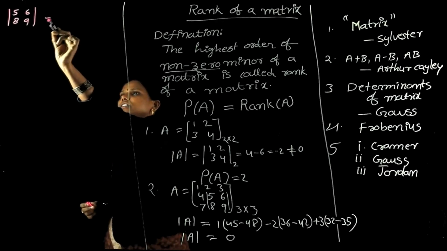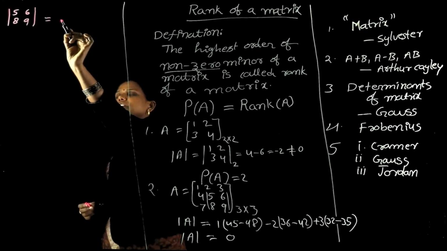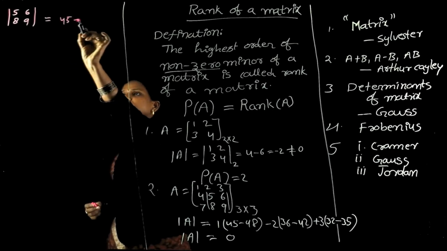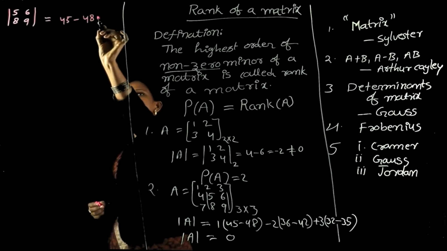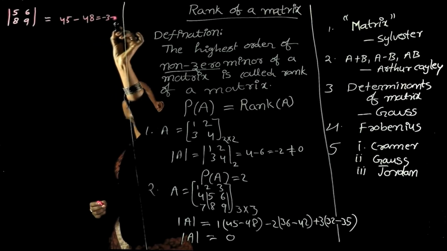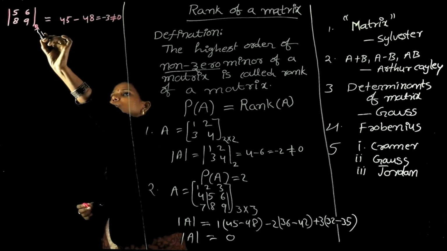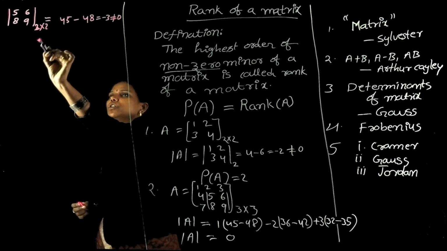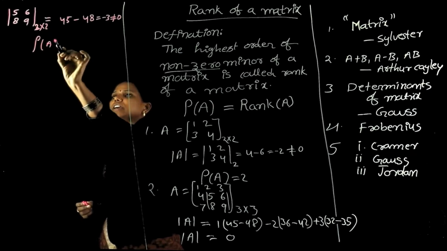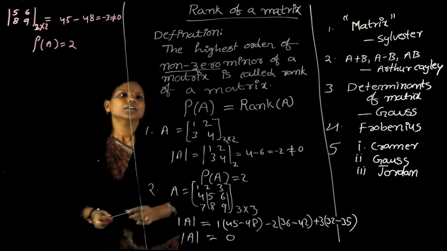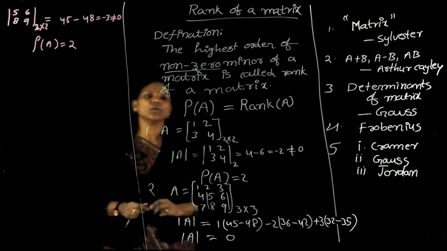Determinant of this submatrix is 45 minus 48, which is minus 3, not equal to 0. Here it is a non-zero minor of order 2. So rank of A equals 2. Like this we have to find rank of A.